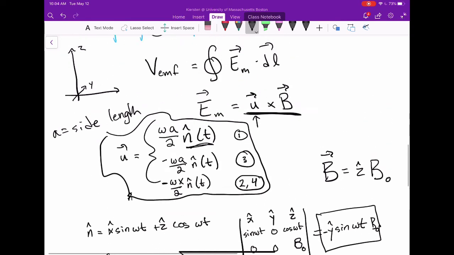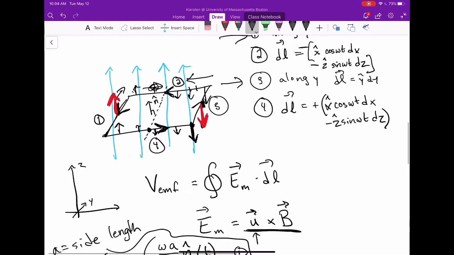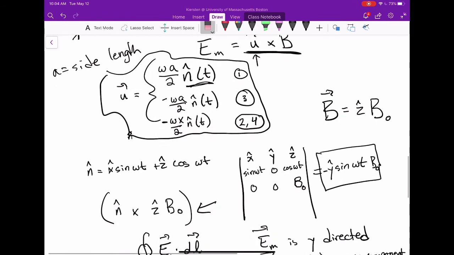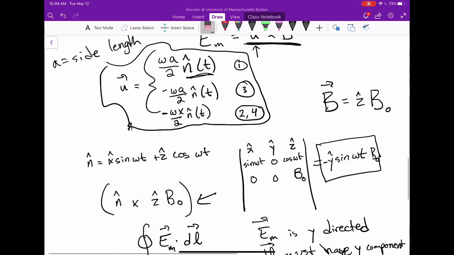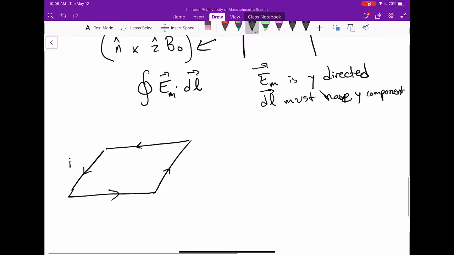Going back up and looking at the dl's that we calculated, we only have a y component on sides 1 and 3. Sides 2 and 4 don't have a y component on dl. There's 1 and there's 3. Well, that makes it easy because that also is where the velocity is constant.